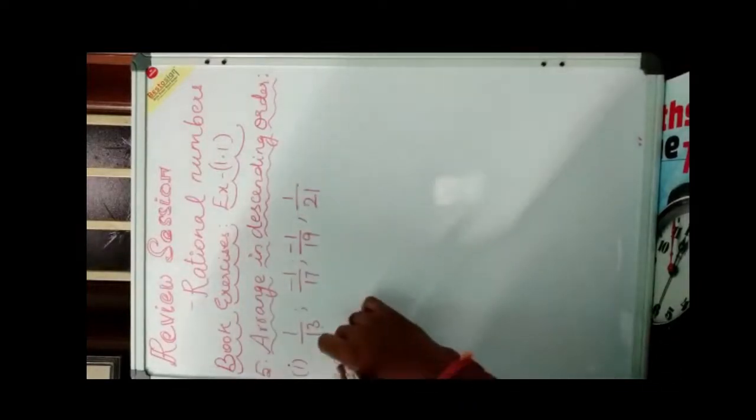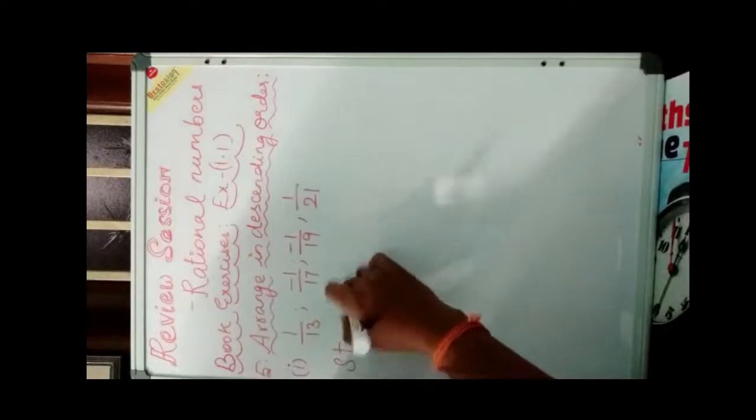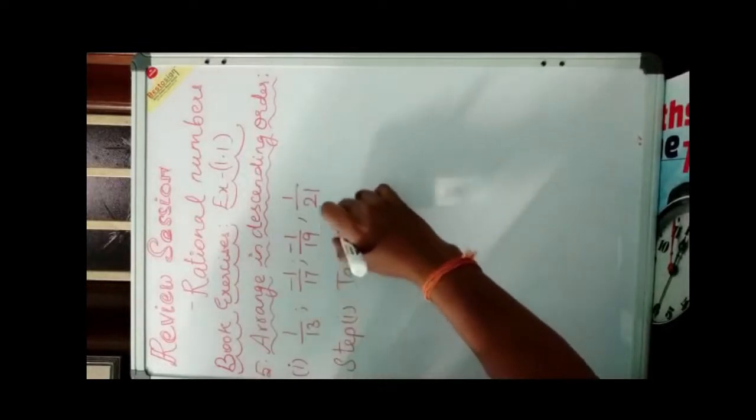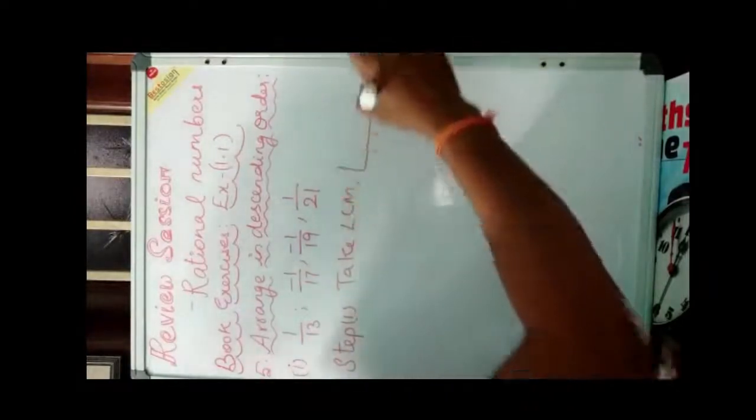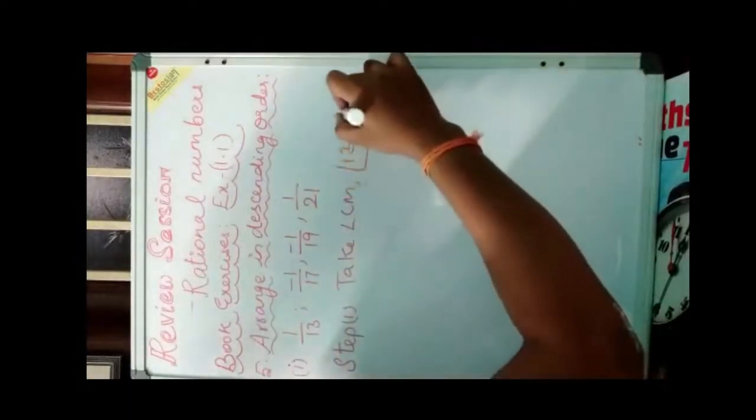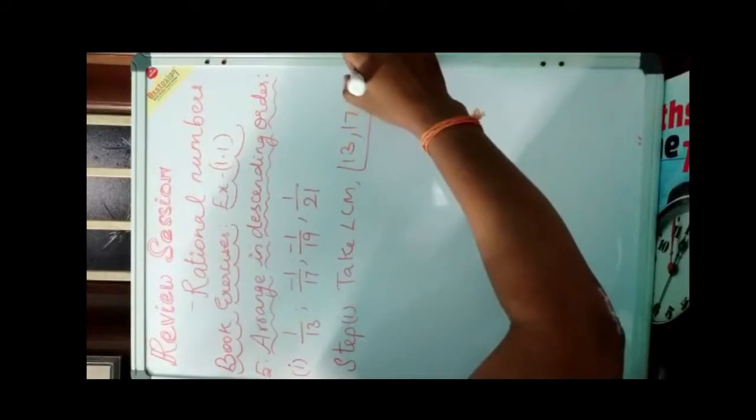Now let's go to the next one. So arrange in descending order. So now we are going to arrange these numbers in descending order. So in order to make the denominator same, step 1 is you need to take the LCM. So here it's a bit difficult because you don't have any common numbers. Here the maximum numbers are prime numbers.